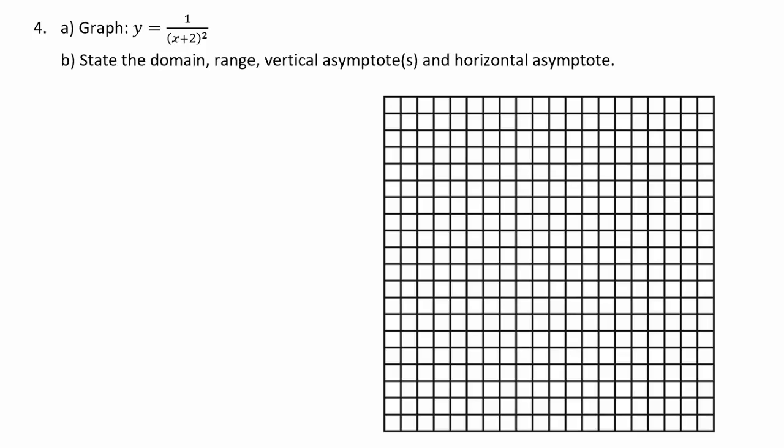Example 4, still tackling it the same way. Start out by seeing that square, and it's affiliated with a variable, so I know that this is going to be dealing with a quadratic original function.